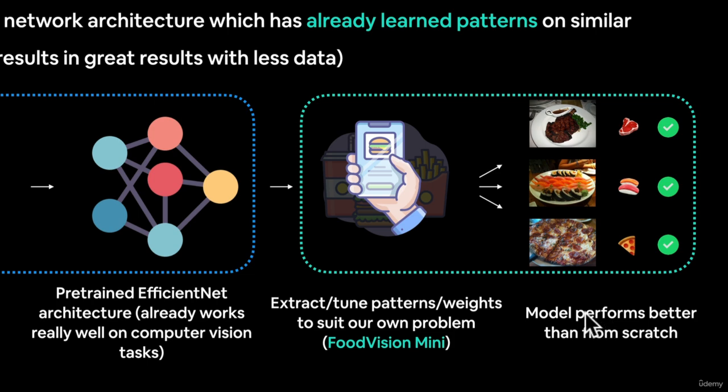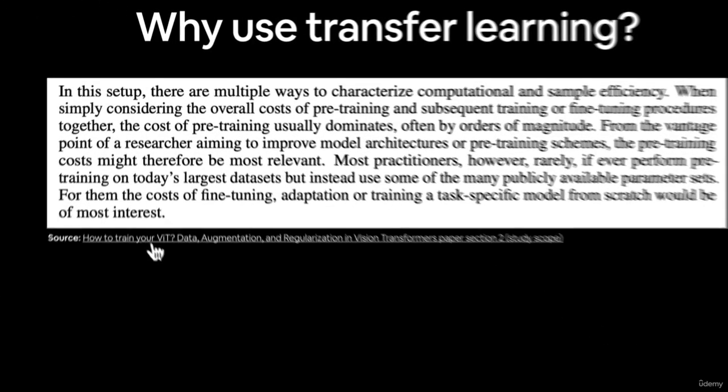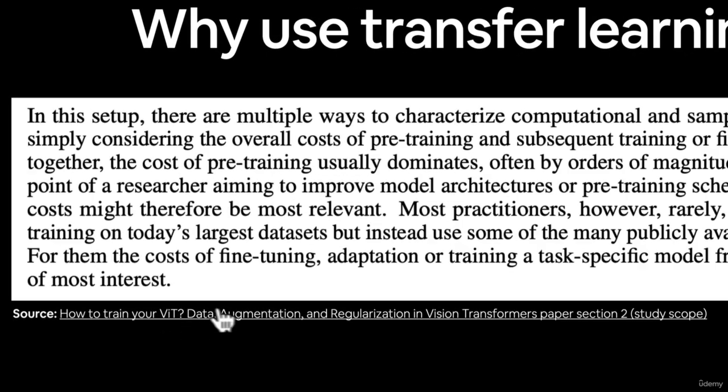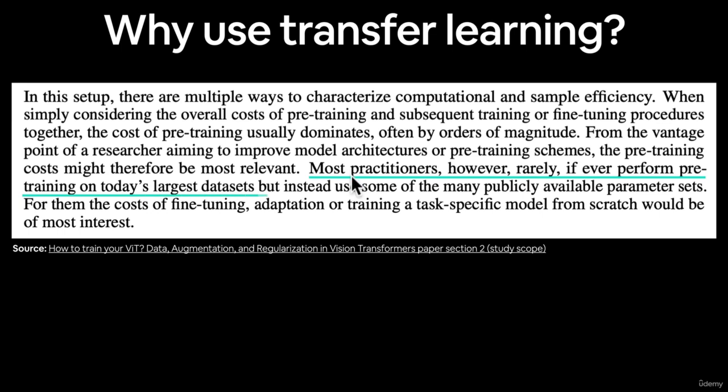And so, another reason to use transfer learning, this is a recent research paper, How to Train Your ViT, which stands for Vision Transformer. And I'll let you read through the whole paper if you'd like to, but I'm not going to read this verbatim. If you're interested in being a machine learning practitioner, this is the most important line here.